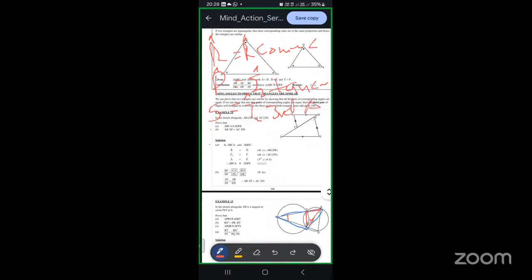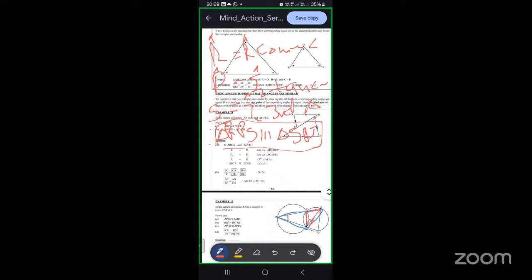Therefore, triangle RPS is similar to triangle SRT. Does it make sense to everyone, guys? Because now we have proved that these triangles are similar. Yes, sir. Are you sure, guys?